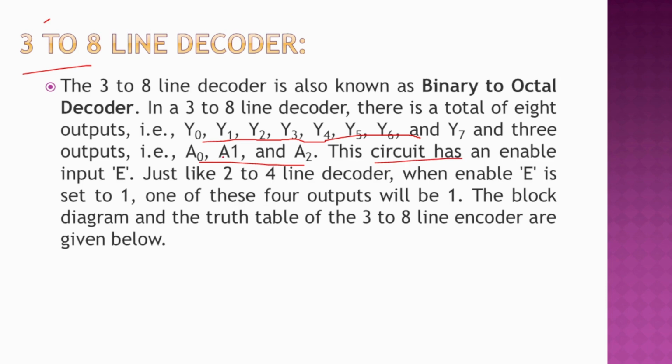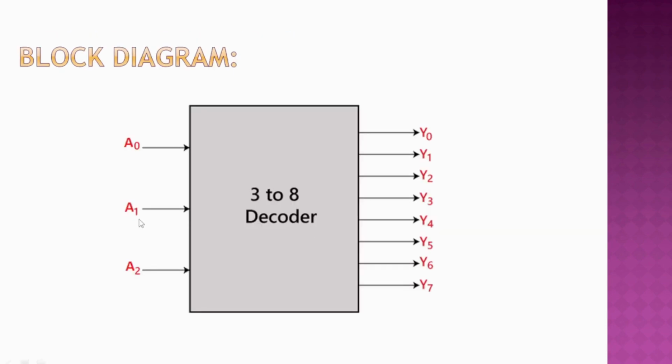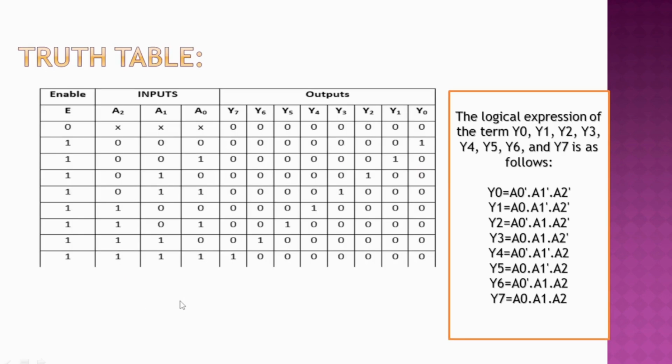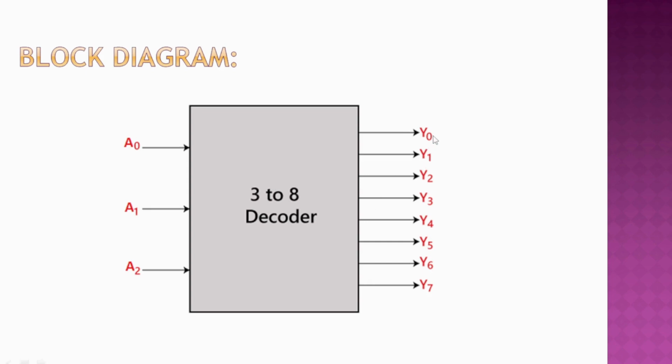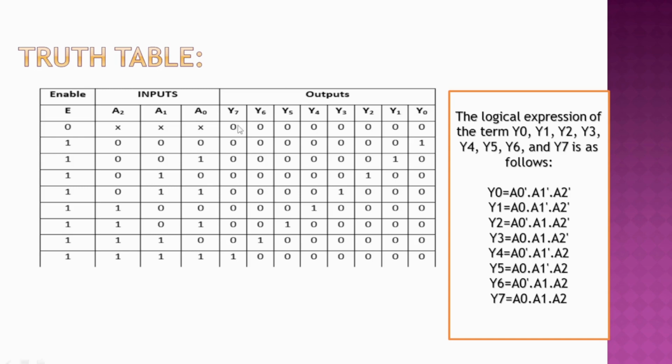This circuit has an enable input pin E. The same procedure is followed in this decoder as we did before. So 3 input and you need to mention one more input as enable pin, and 8 output. This is the block diagram of the 3 to 8 decoder.